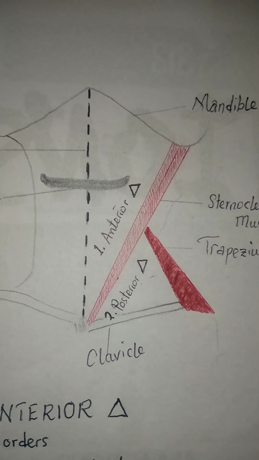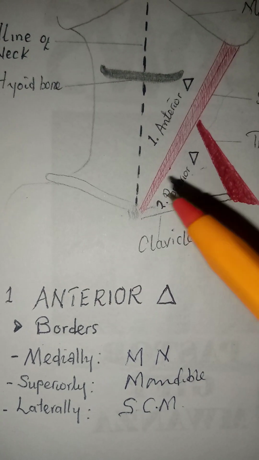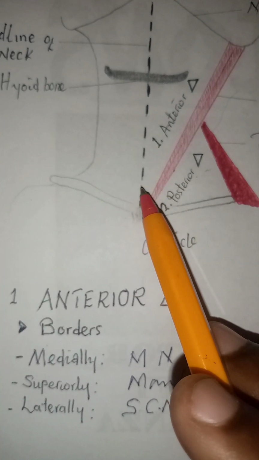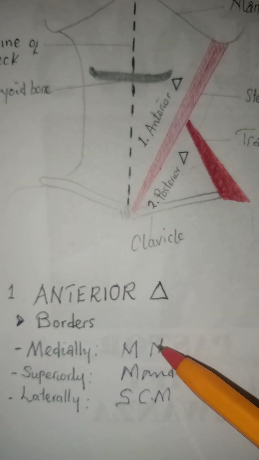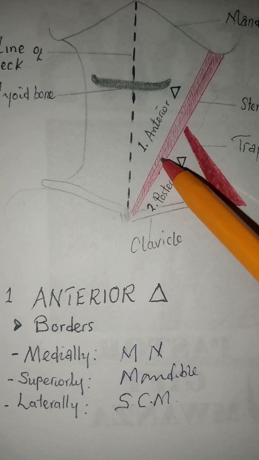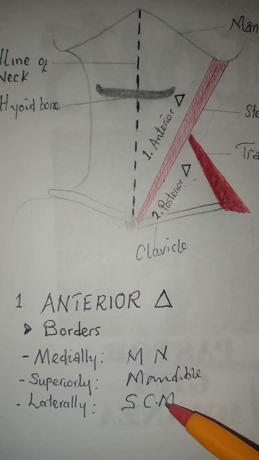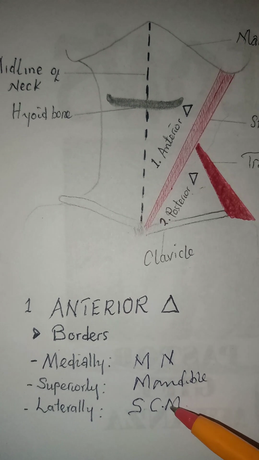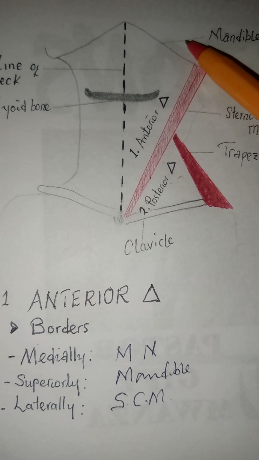Now, borders of the anterior triangle. On the medial aspect we have the midline of the neck. On the lateral aspect we have the sternocleidomastoid muscle. Then superiorly you can appreciate the base of the mandible.